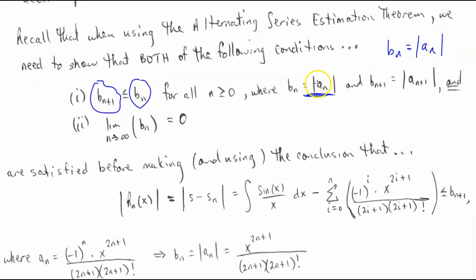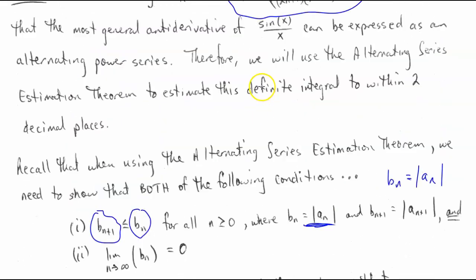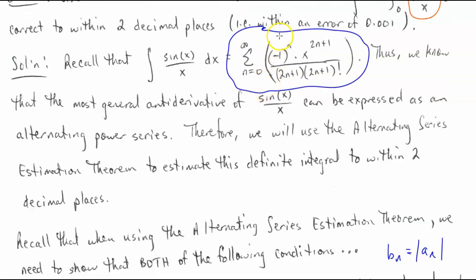And of course, a sub n is just the sequence that makes up the series. So for this particular problem, everything that we see inside here is what the a sub n is.